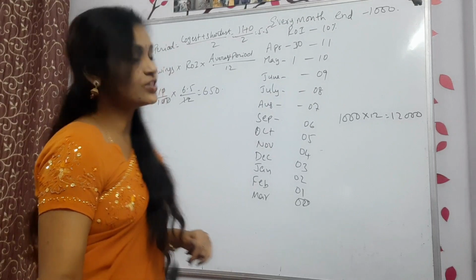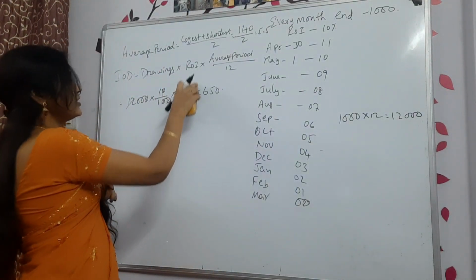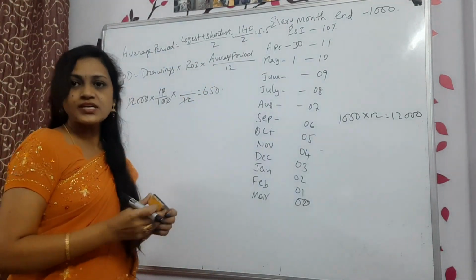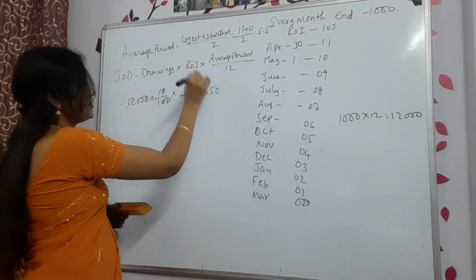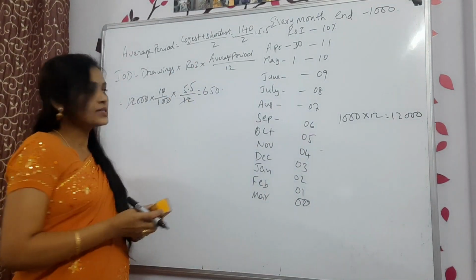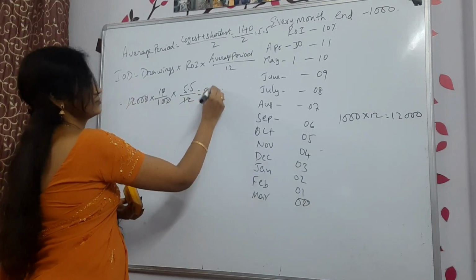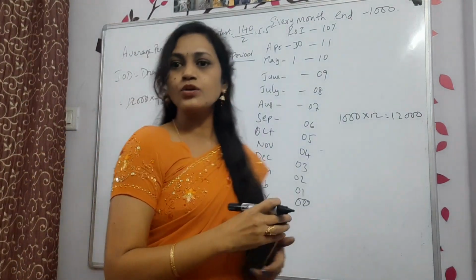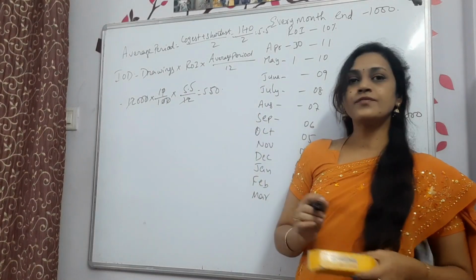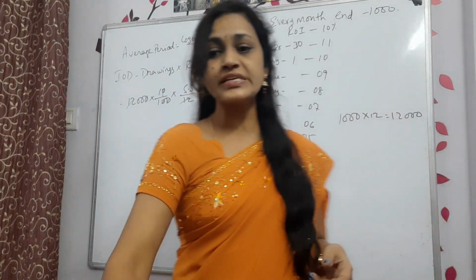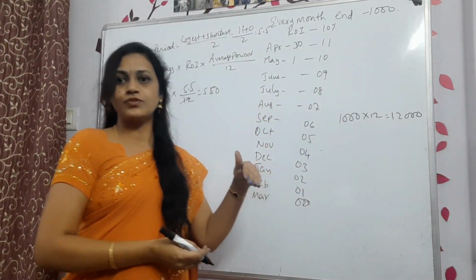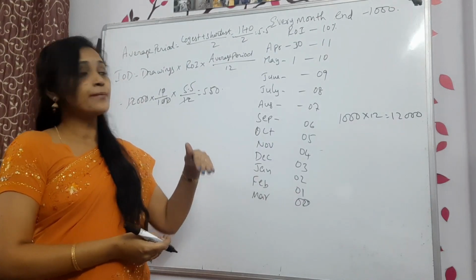Now let's substitute in the formula. The same formula only; here only the average period is changing. This will be 5.5, and then the answer you will get is 550. That's all. Clear? Where did you get the difference? Because this is every month end. You are withdrawing money at every month end.